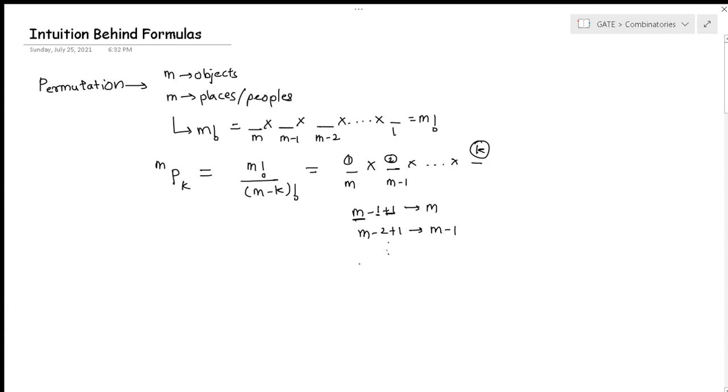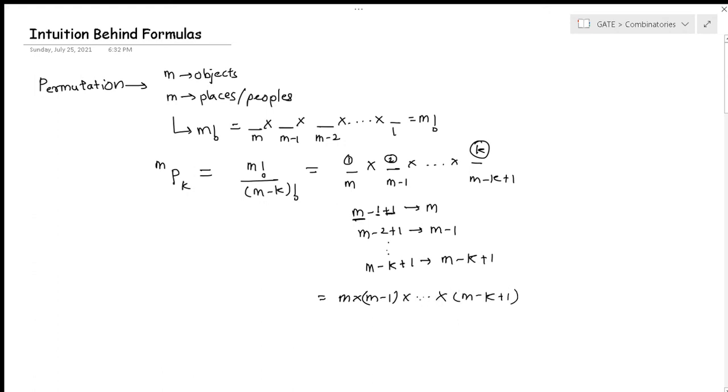So what would be the case for the kth position? I have m minus the kth position and plus 1, so it would be simply m minus k plus 1. So this will turn into m into (m minus 1), up to (m minus k plus 1).